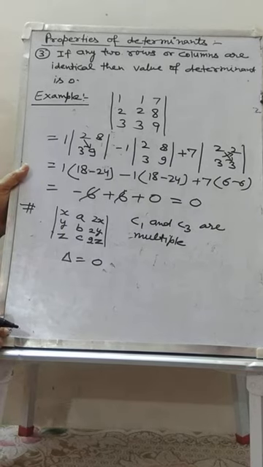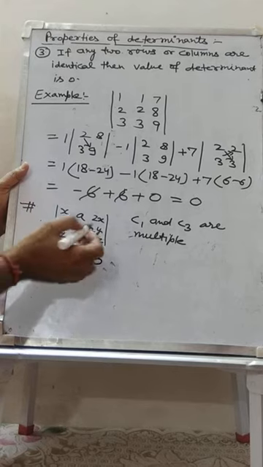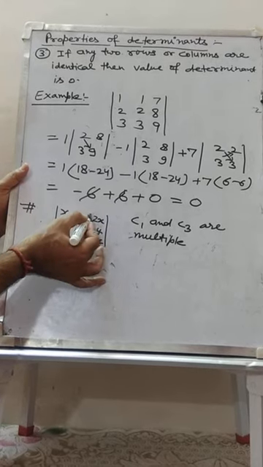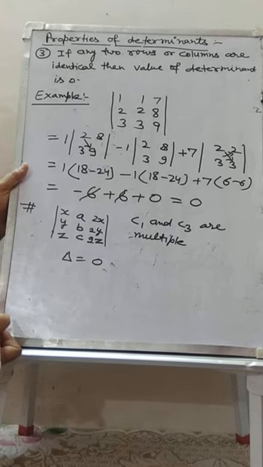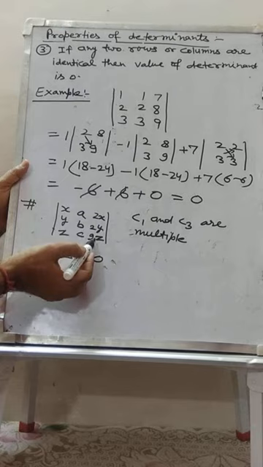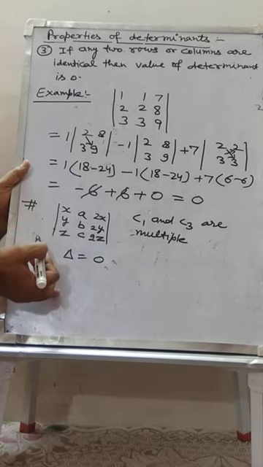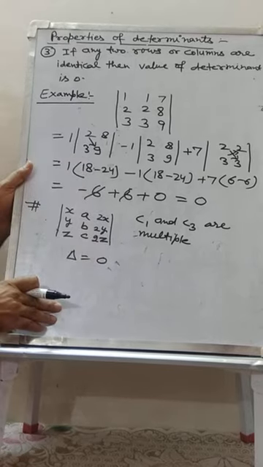Why? To understand it, in C3 the element 2 is common. The property of determinants says that we can take out any common element from any row or any column.